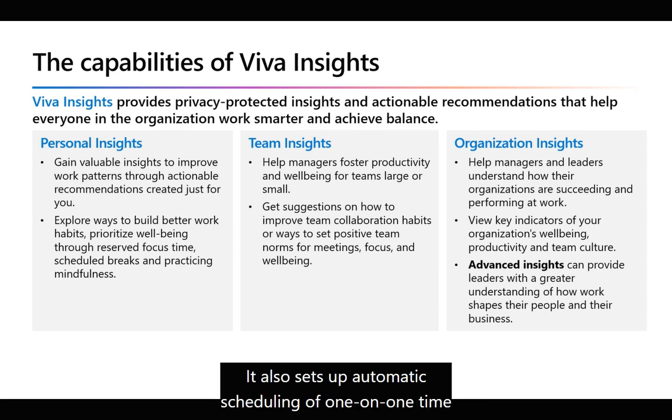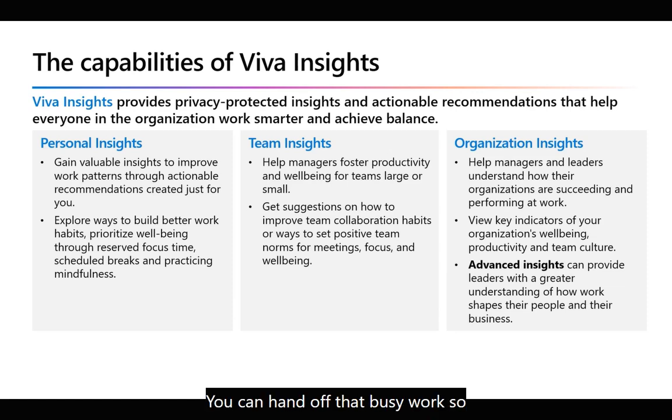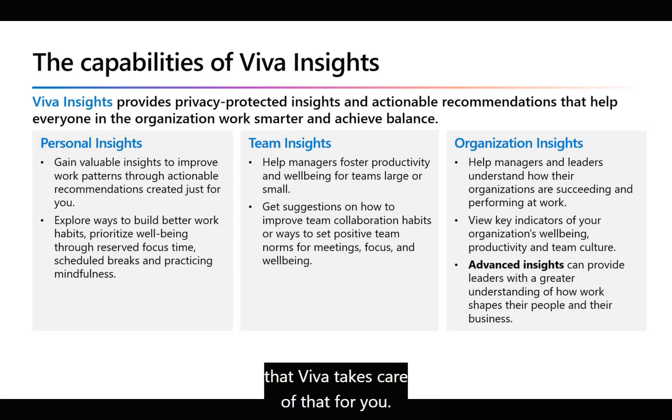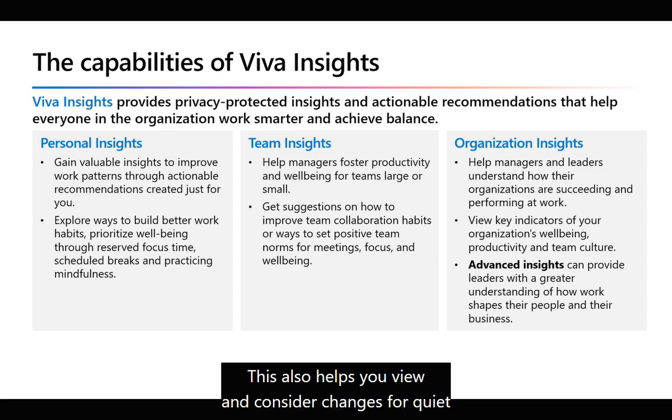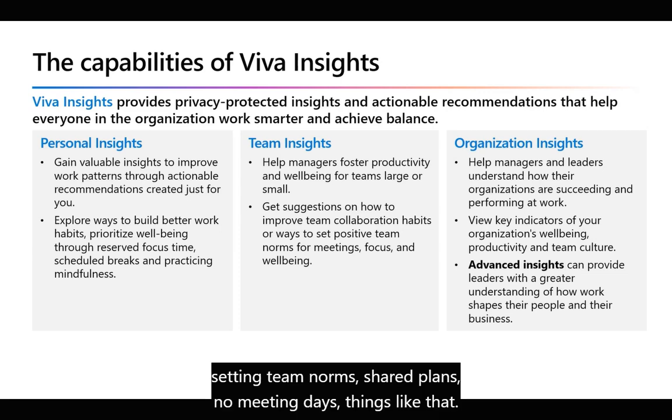It also sets up automatic scheduling of one-on-one time with your team, or rescheduling if a conflict comes up. So you can hand off that busy work so that Viva takes care of that for you. This also helps you view and consider changes for quiet hours, and lets you see your team meeting habits, like setting team norms, shared plans, no meeting days, things like that.